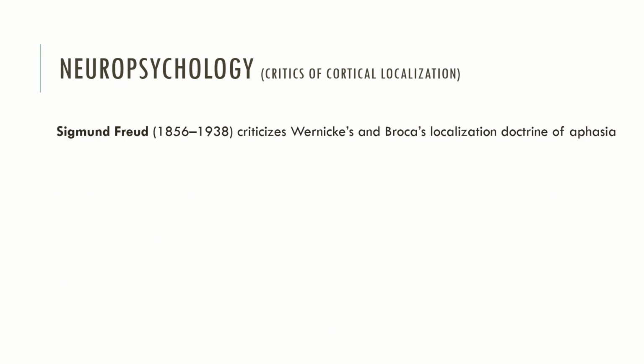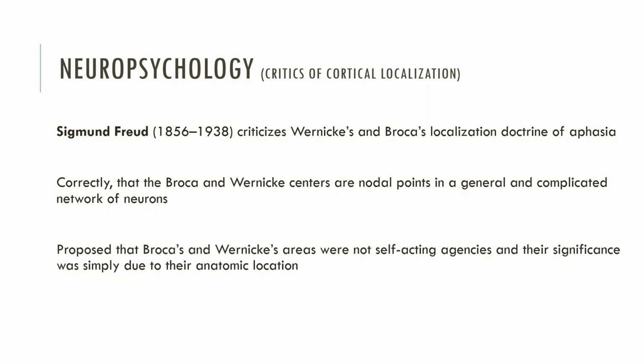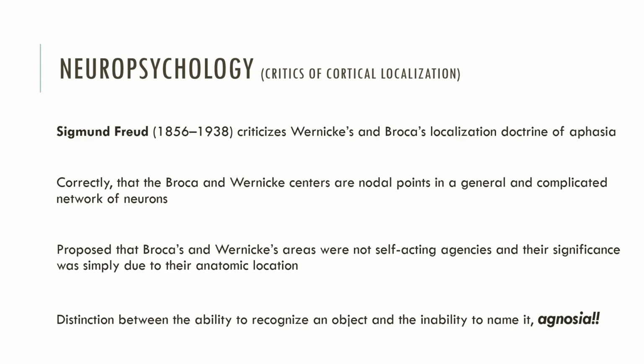Freud stated that the Broca and Wernicke areas are nodal points in a general and complicated network of neurons. He proposed that these areas were not self-acting agencies and their significance was simply due to their anatomic localization. The distinction between the ability to recognize an object and the inability to name it is called agnosia, a term also attributed to Freud.